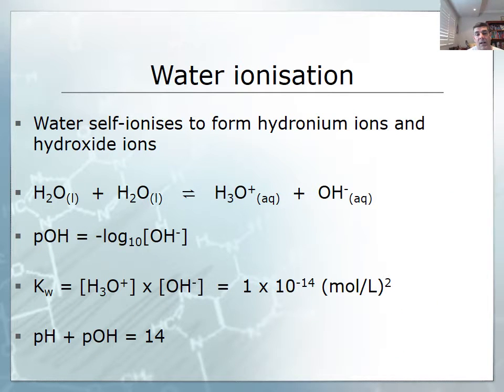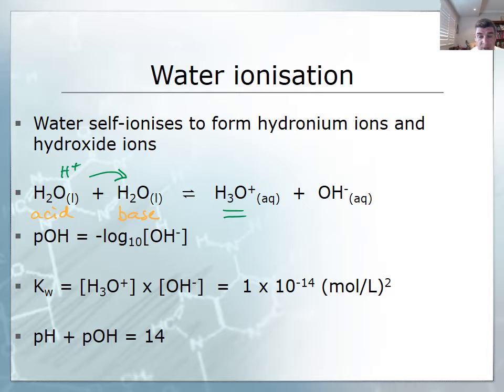Just as a quick aside here, it's important to realize that water itself is a substance that is capable of self-ionizing. If you'd like to consider it this way, we can have one water molecule acting as an acid and one acting as a base, and therefore there's going to be a donation of a proton from one to the other.